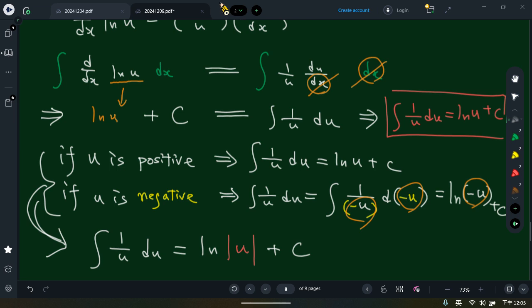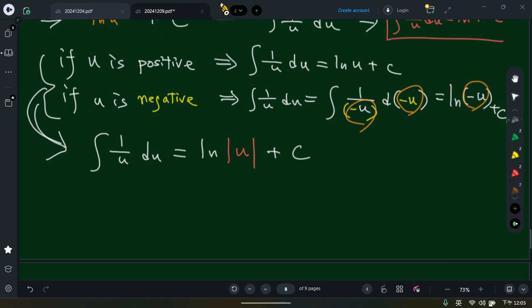For these two cases, we would need to analyze whether u is positive or negative. But with this, we don't need to care about it. Just simply put the absolute value here.